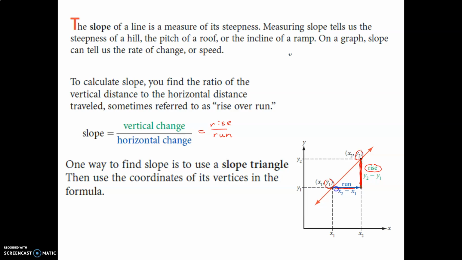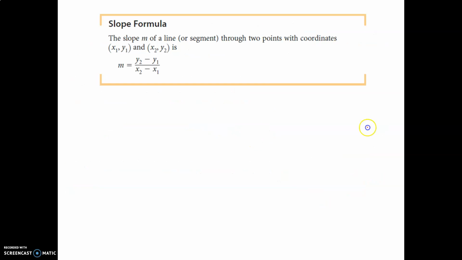And the run is the difference in the x values. The x value over here would be x sub 2, and I subtract the x value over here, which would be x sub 1. So the run is x sub 2 minus x sub 1. That means the rise is y sub 2 minus y sub 1, and the run is x sub 2 minus x sub 1.